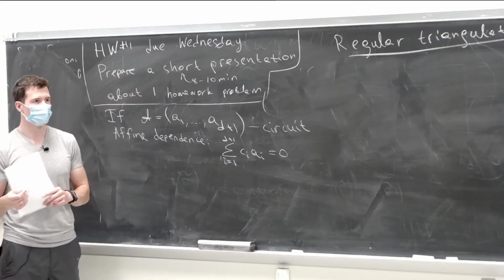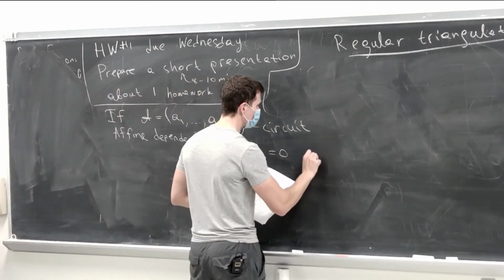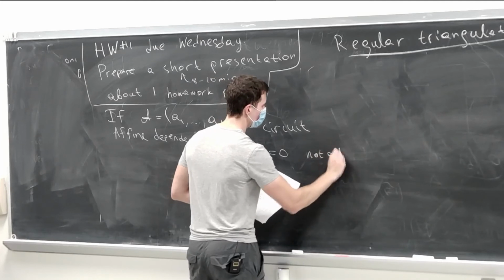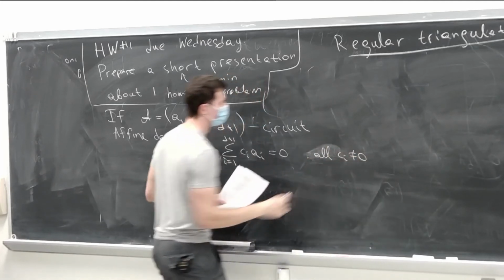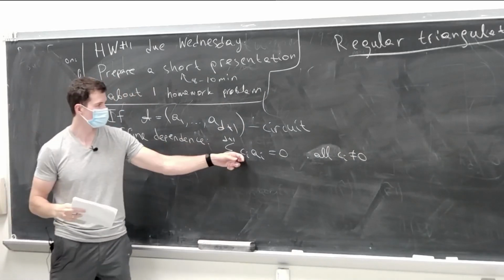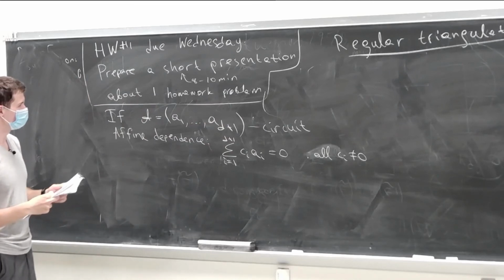I can take these points with some coefficients, and all Ci are not equal to 0. Because if some Ci is equal to 0, then this will not be a minimal affinely dependent configuration.